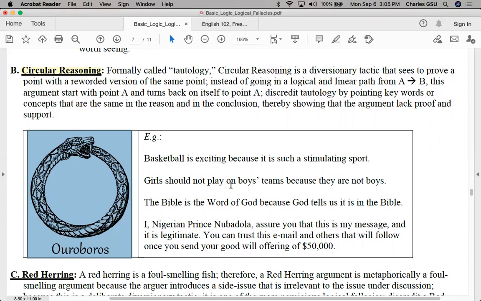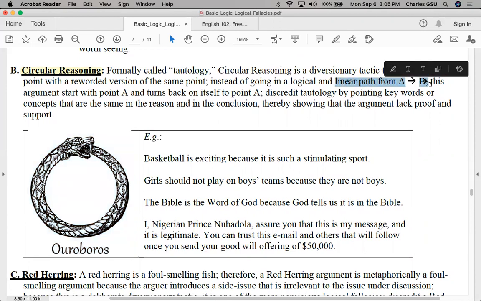So it's simultaneously death, but it's also life because it's eating, in a kind of eternal circle, if you will. But I want to include that because remember, a linear argument goes from point A to point B, but this starts at point A and goes back on point A. It doesn't ever get to B, C, or D.